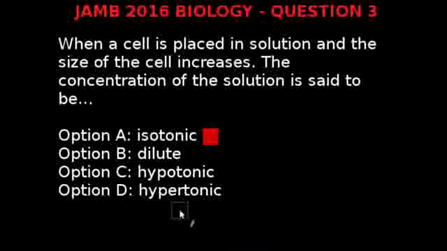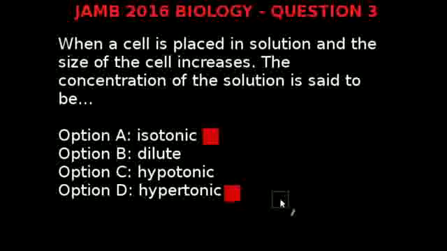A solution can also be classified as a hypertonic solution, meaning it has more solutes and less water than the cell. In this kind of situation, water will move from the cell into the solution, resulting in shrinkage of the cell. Therefore, our option D is wrong.